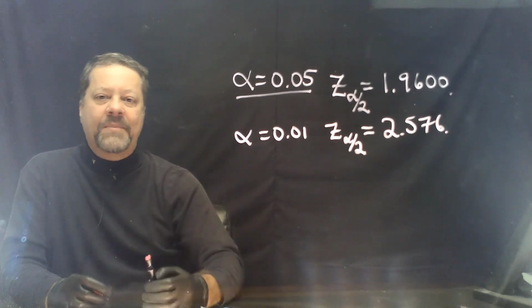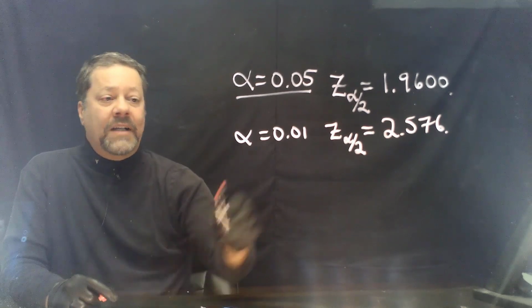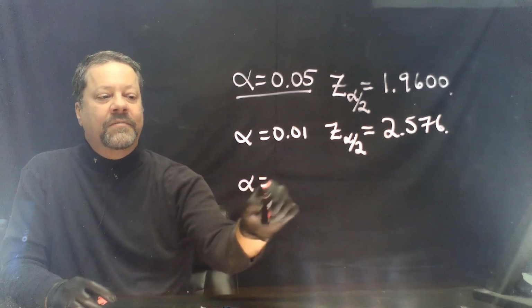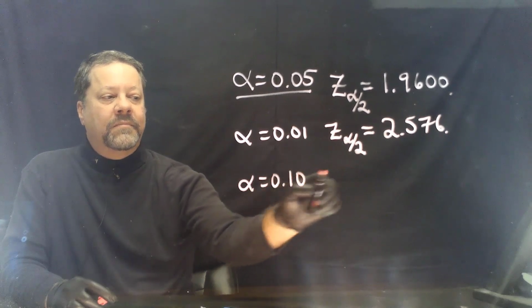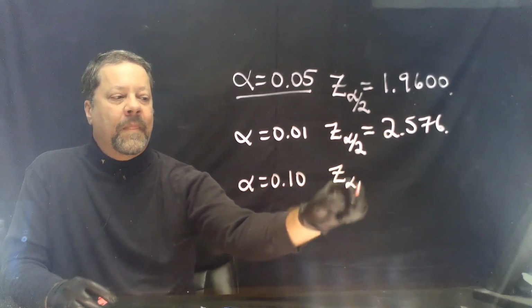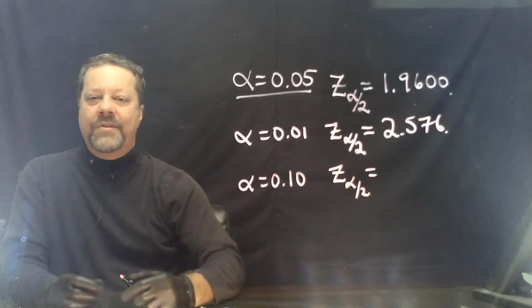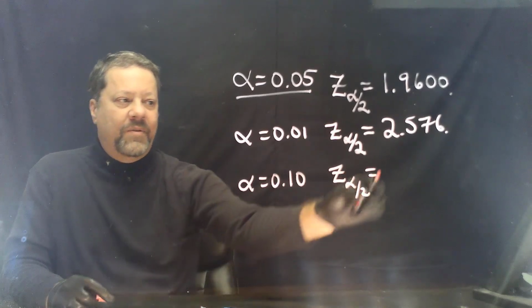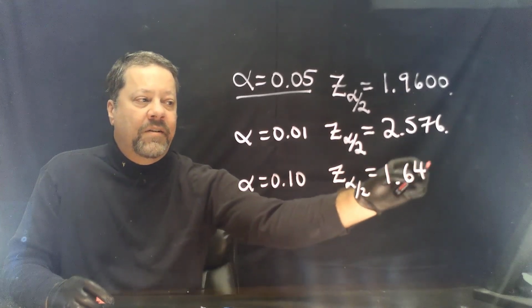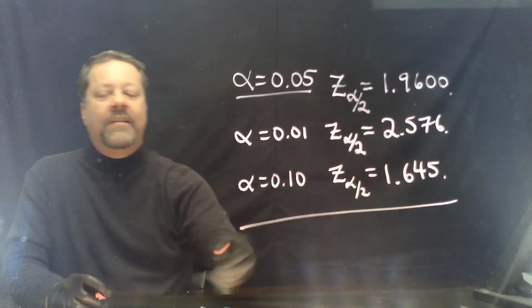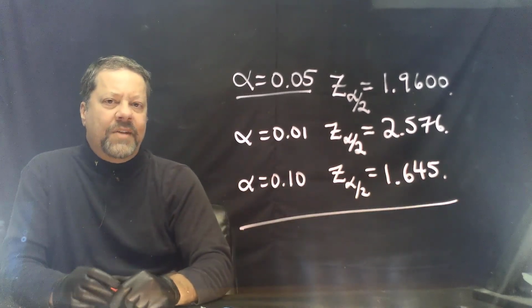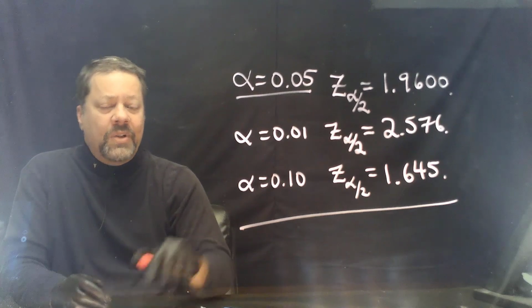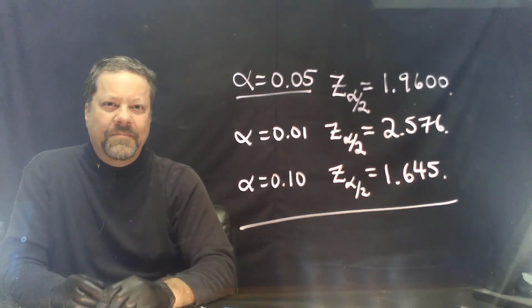If you're willing to accept 10% error or 90% confidence, then the critical z will be 1.645. These are the critical z's that we typically will use in this course.